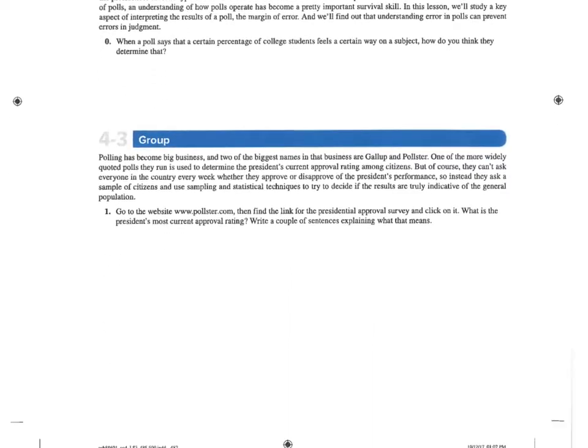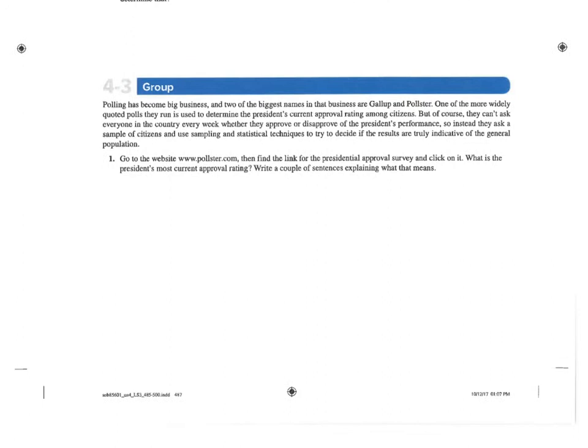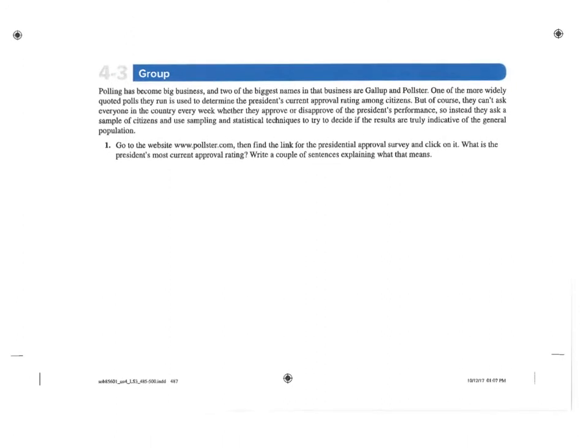So they're suggesting that we look at Pollster, and they even gave us a presidential approval survey to look at. They asked what is the president's most current approval rating, and it was like 43.1%. And I looked up another site.